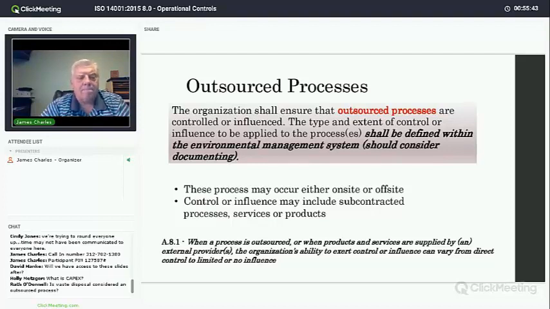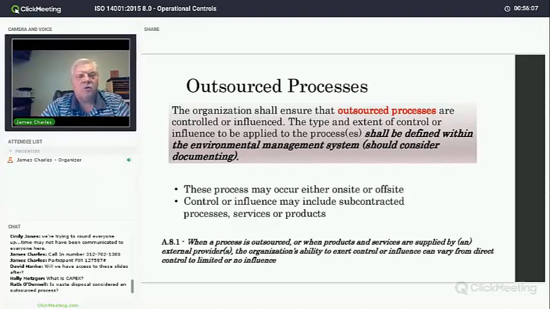And again, here's another quote from the appendix. It says, when a process is outsourced or when products and services are supplied by an external provider, the organization's ability to exert control or influence can vary from direct control to limited or no influence.